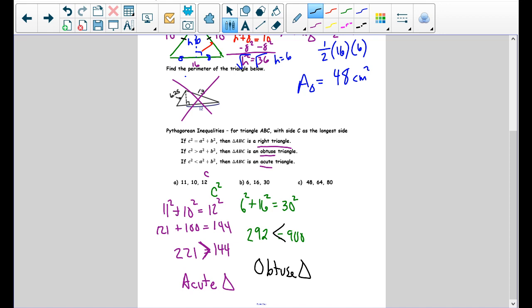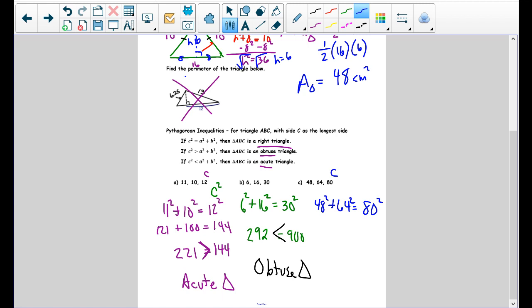And then when we look at the last one here, again, C is my biggest, so it's 80. So then 48 squared plus 64 squared and 80 squared.